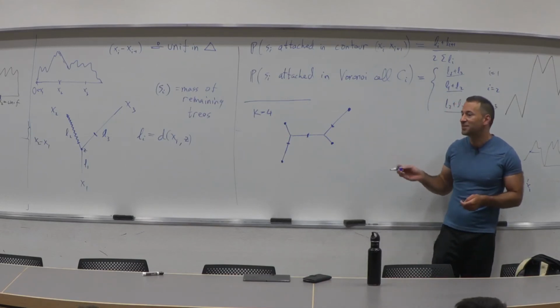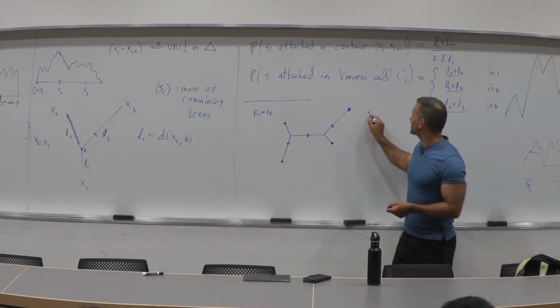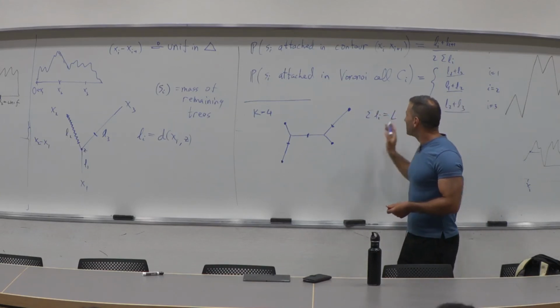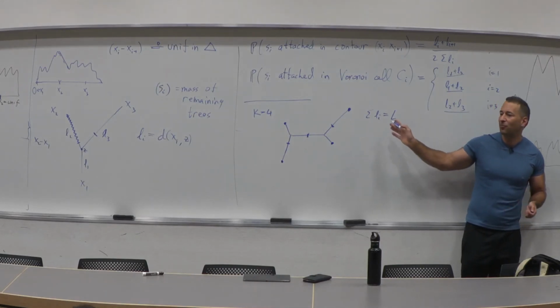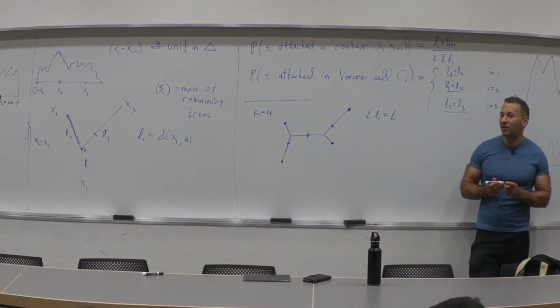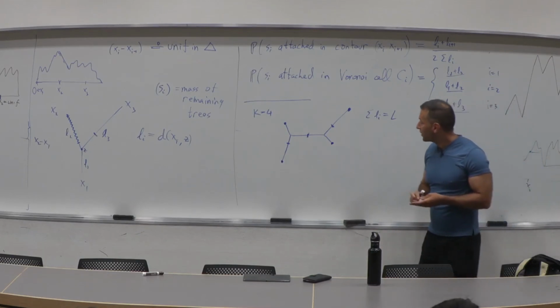Or if you look at the density, if you know that the sum of Li is some L, so if you condition on L, then any partition into L1 up to L5 is equally likely. So you have the uniform density.